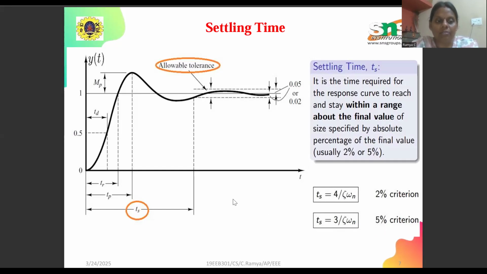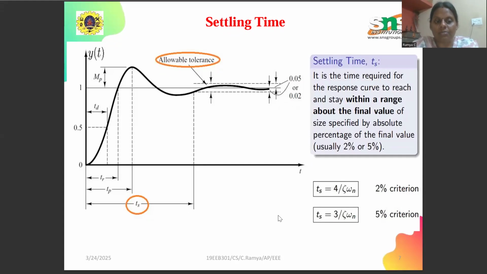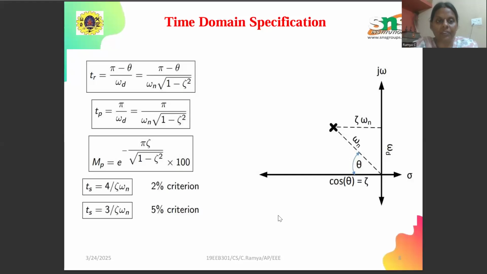Again, all these times are related to the damping ratio as well as the natural frequency, so in all the formulas we are representing in terms of zeta and omega n. These are the time domain specifications: TR, rise time; TP, peak time; MP, maximum overshoot; and two settling times for allowable tolerance errors of 2% as well as 5%.